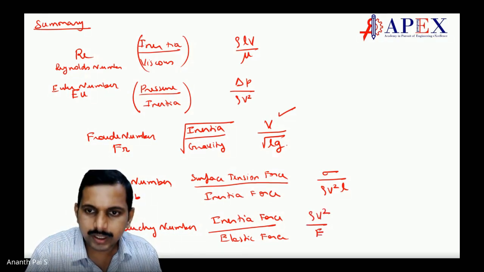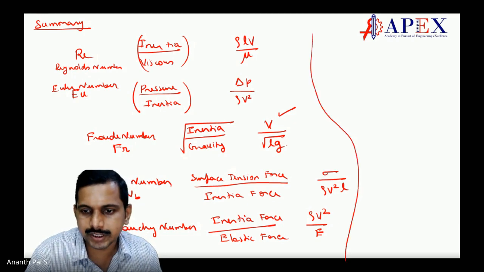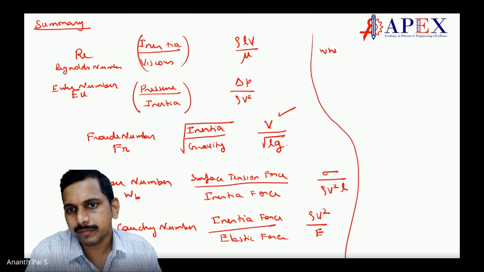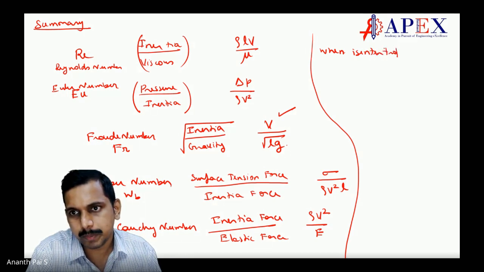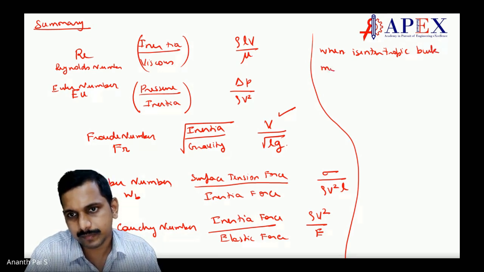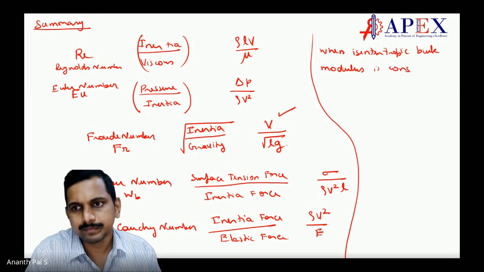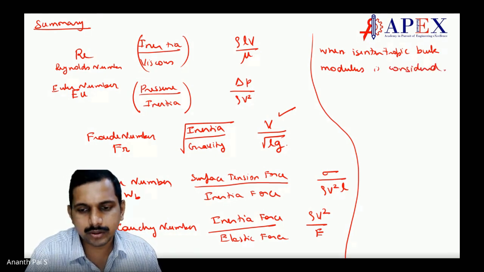Next we have the Mach number, which is involved when the isentropic bulk modulus is considered.